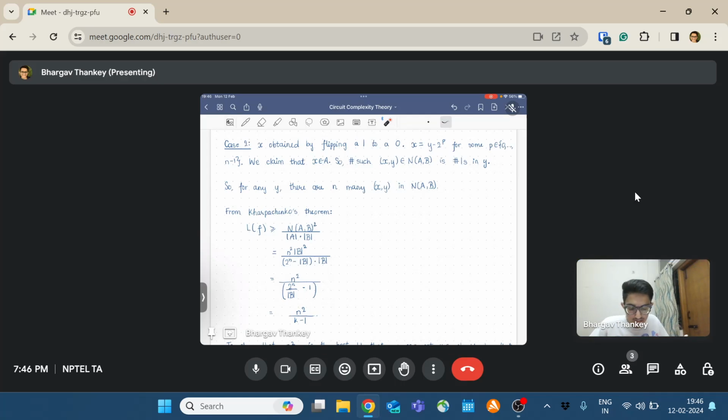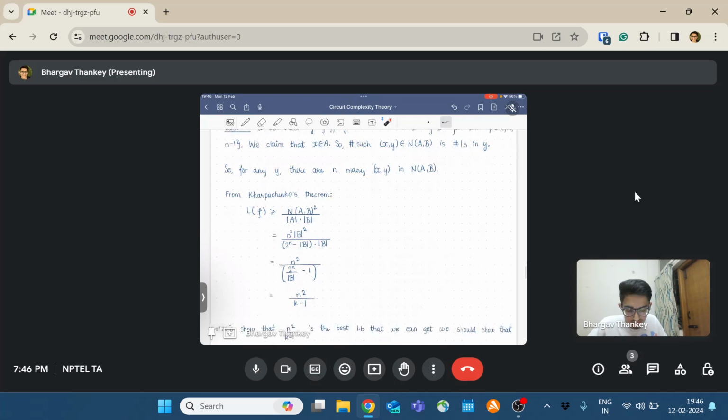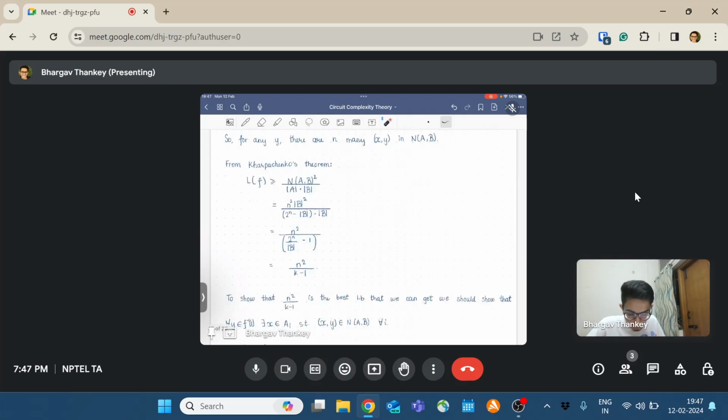So you're saying that if we take a subset of B, we might not get exactly n as the number of neighbors? No, what I'm trying to show is that if you take a subset of F inverse 0 as A, you might not get the best. B doesn't matter, because regardless of what you take as B, as long as you take the entire A, you're going to get n squared times size of B squared over size of N(B), right? But I'm saying if we pick a subset of B specifically, we might be able to construct an A, a subset of A again, which doesn't have any redundant strings.